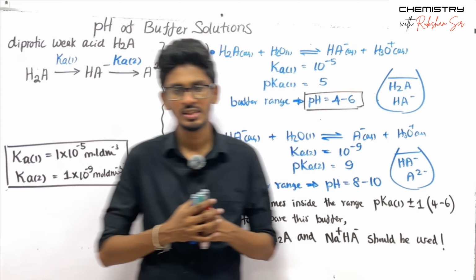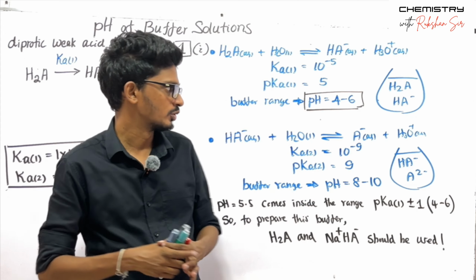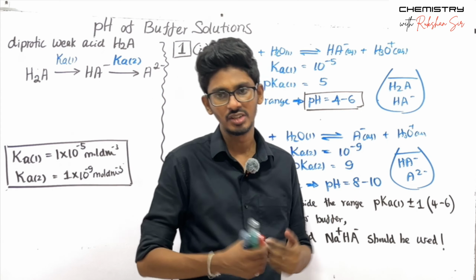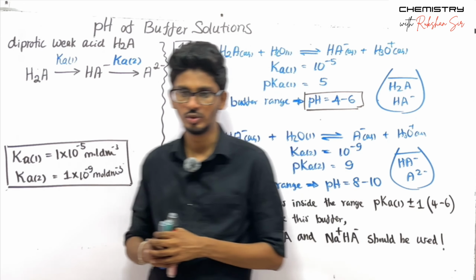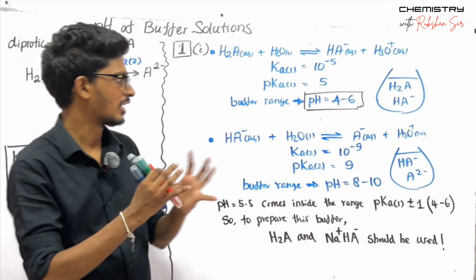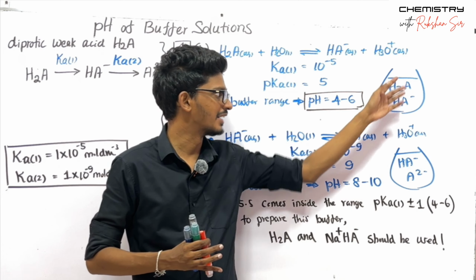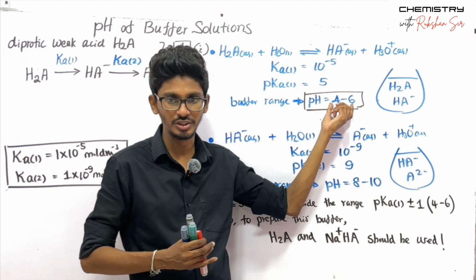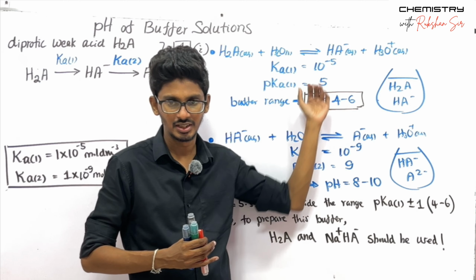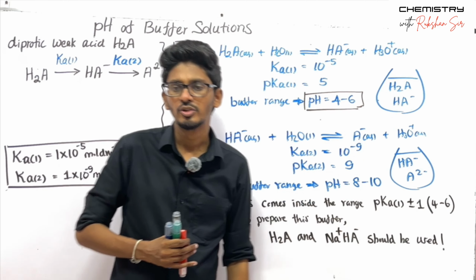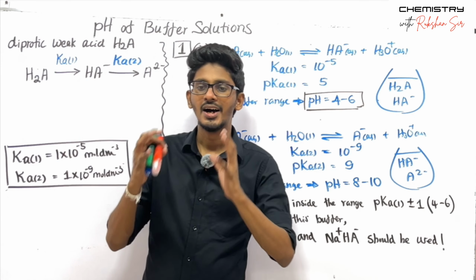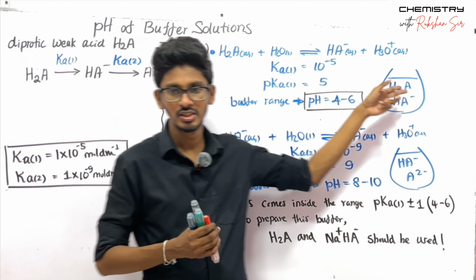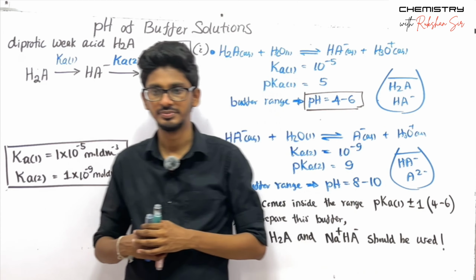So we are very sure that a pH 5.5 buffer can be made by adding these two guys. pH 5.5 comes inside the range of 4 to 6, which is the pK plus or minus 1 of this buffer, right?